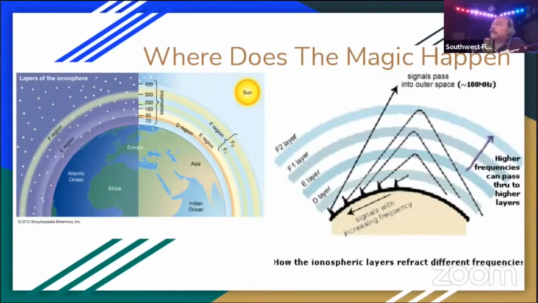And basically, you can see here on the right the different layers. When the E layer bounces, when you get the sporadic E, it generally is not as far of a hop as you would get, obviously, on the F layer, because the F layer is higher.